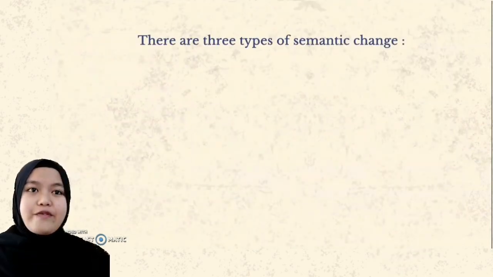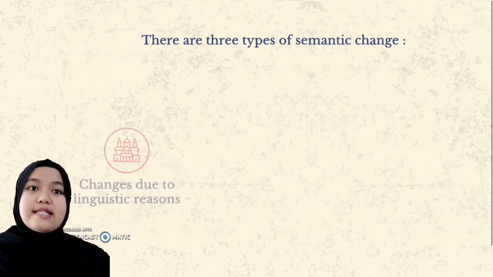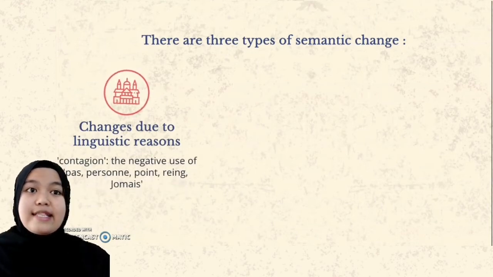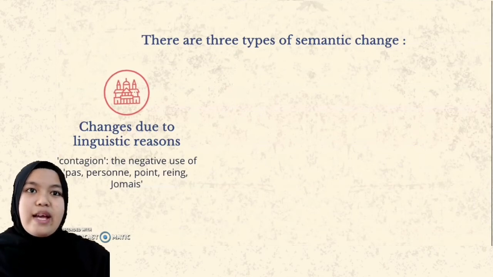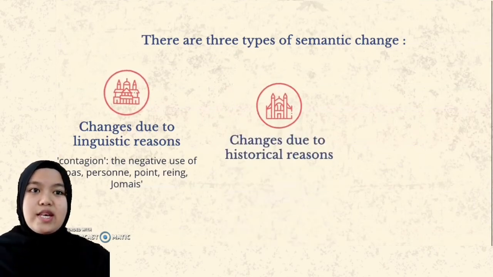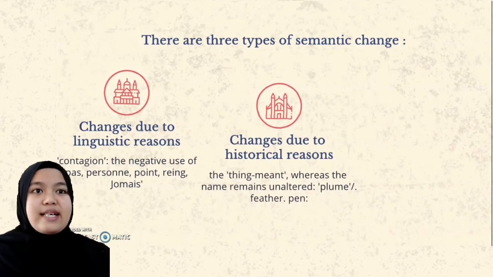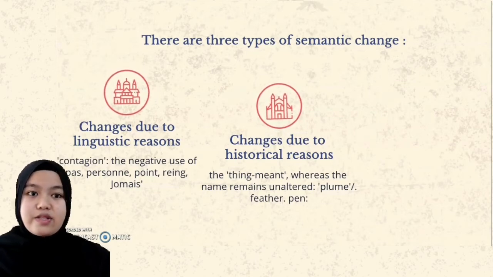Next is about types of semantic change. There are three types. First is change due to linguistic reasons. For example, contagion, the negative use of past, person, point, ring, due to purely syntagmatic conditions. The second is change due to historical reasons. For example, the thing meant becomes modified in the course of cultural development, whereas the name remains unaltered.